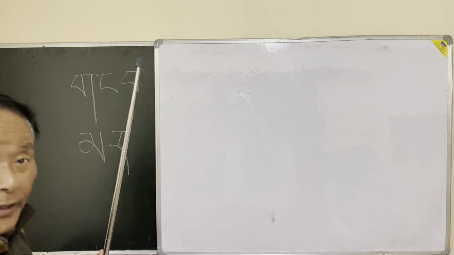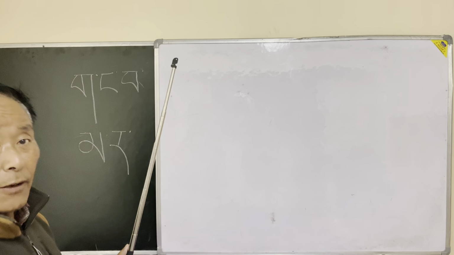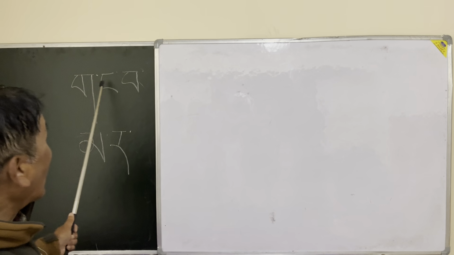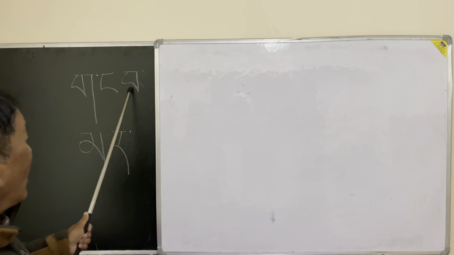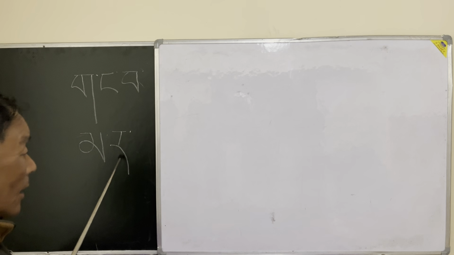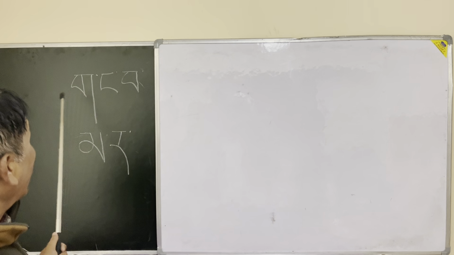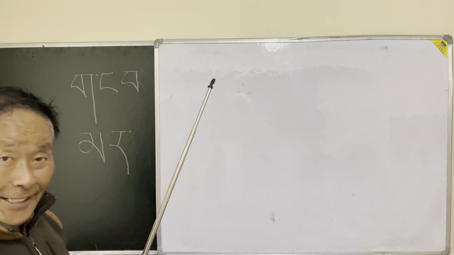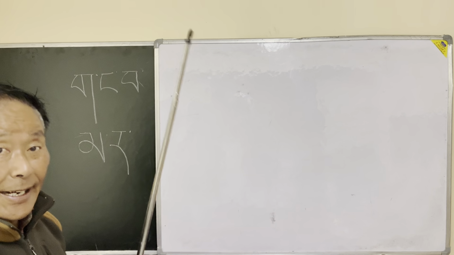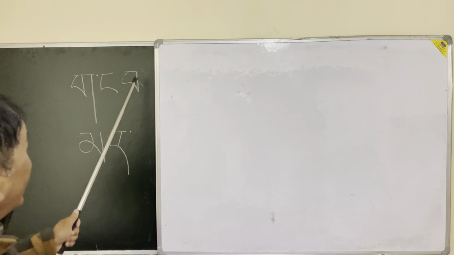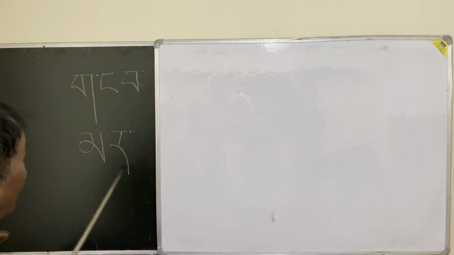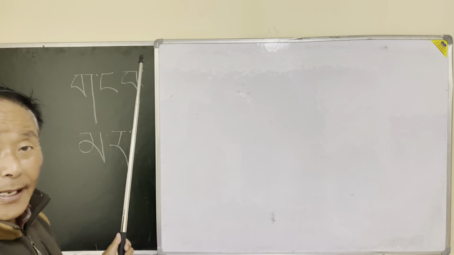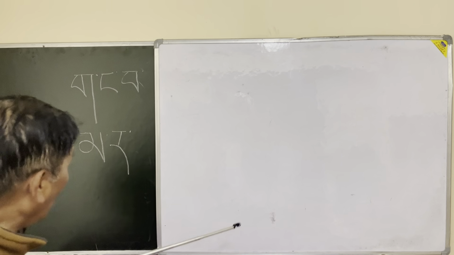So of these 10 suffixes, suffix ga, nga, ba, ma, ra, these 5 suffixes follow the same rule. There are 10 suffixes, but these 5 take the same rule.